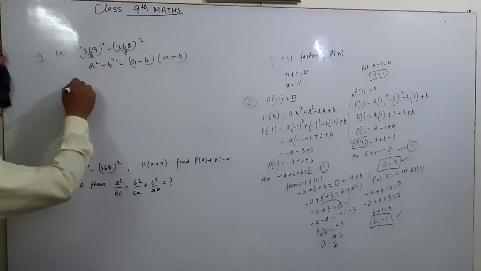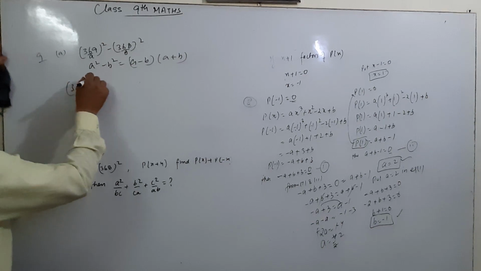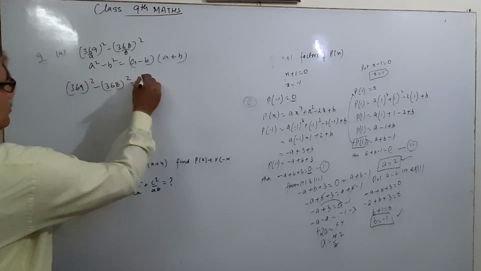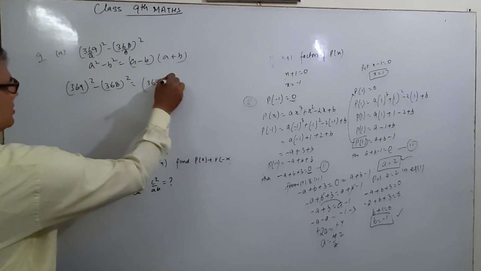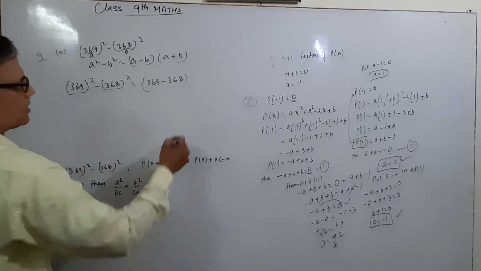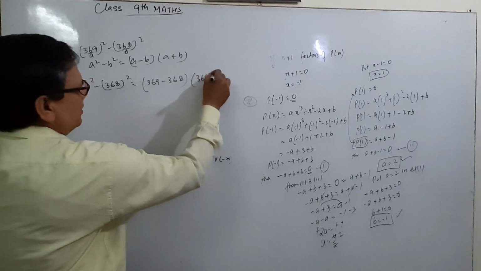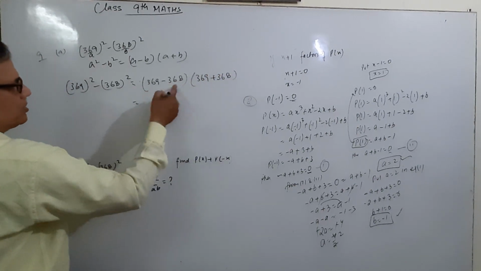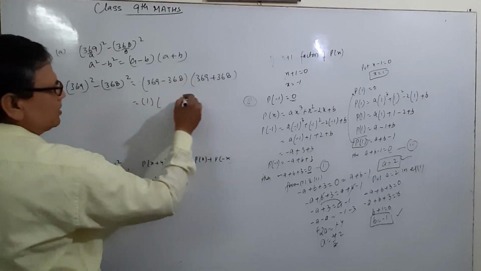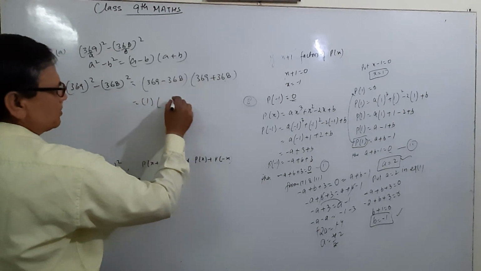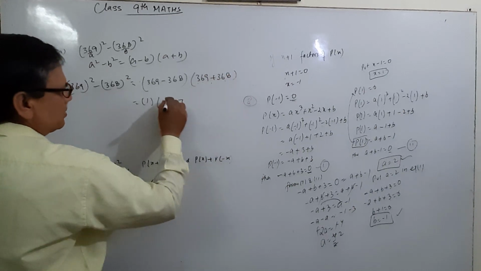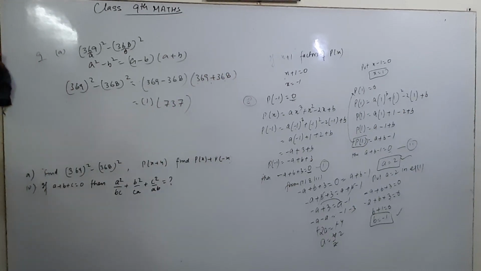That means 369 square minus 368 square is equal to 369 minus 368 times 369 plus 368. One time plus, one time minus. This will be 1 and this will be 737.